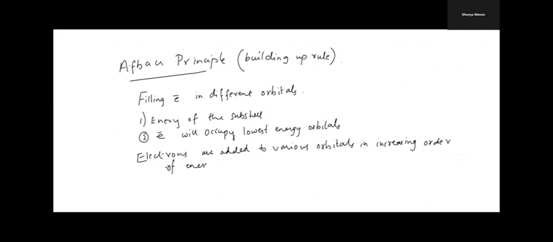So whichever orbital has lower energy will be filled first, and then later on the high energy orbitals will be filled progressively. Okay, so just taking an example.